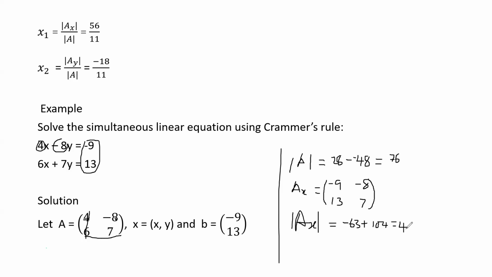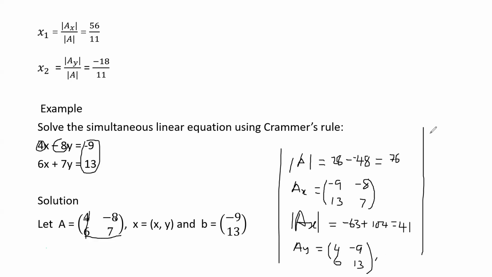So what is the matrix A1? The first column is 4, 6, and then the second will be negative 9, 13. Good. You have understood the concept well. Get the replacement. So let's find the determinant of A1. Are you following now?